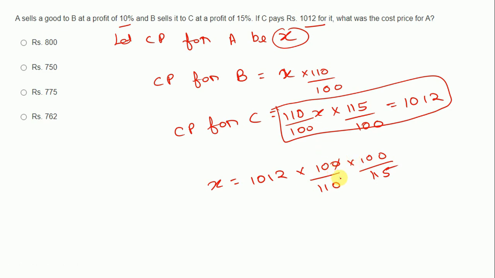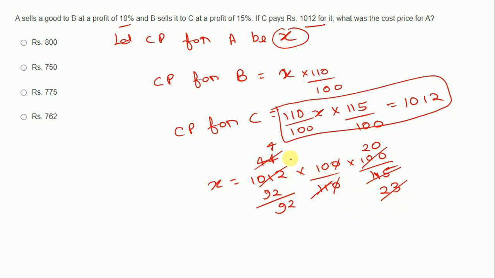This 0 will be cancelled, and this is divisible by 5, so it would be 23, and this is also divisible by 5, it would be 20, and 23 can divide this. 23 into 4 is 92, and here 9 will be left, and here again it will go 4 times, so it will go 44 times, and now 11 can cancel this 4 times, and now nothing is left in the denominator.